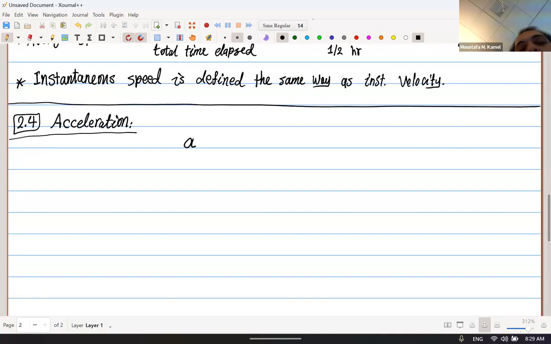Acceleration is denoted by a small a; this is average acceleration first. Average acceleration, a bar, is defined as the change in velocity over the change in time.